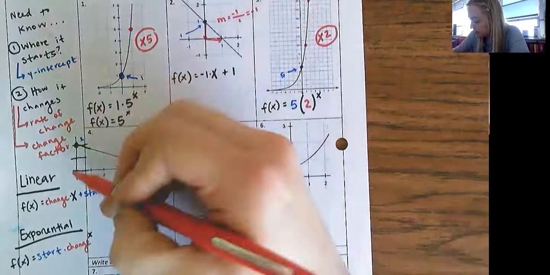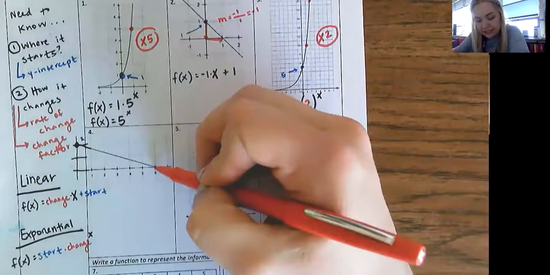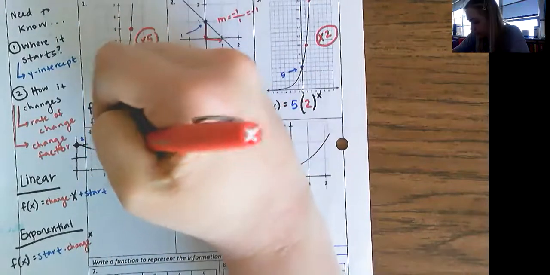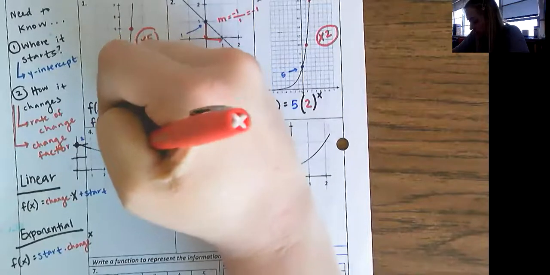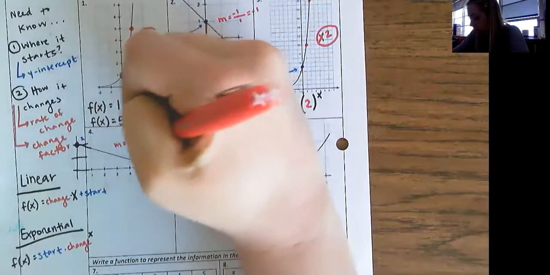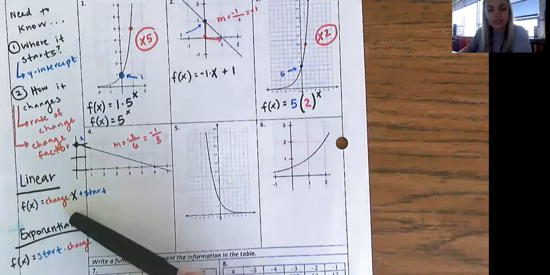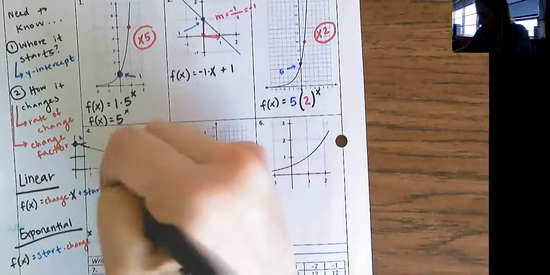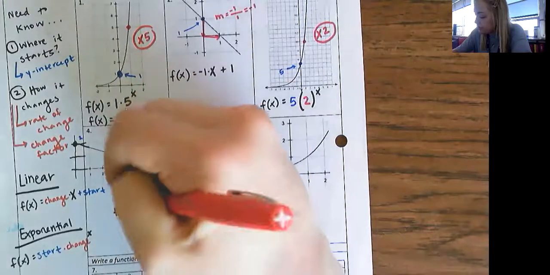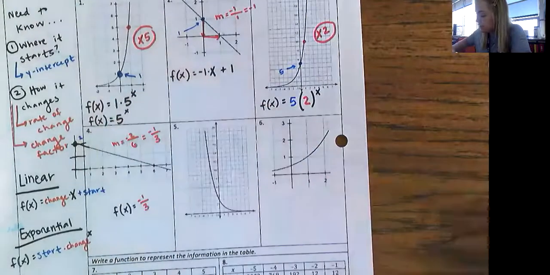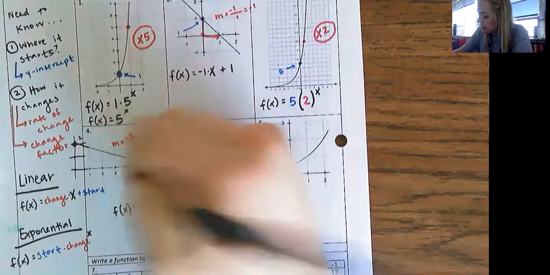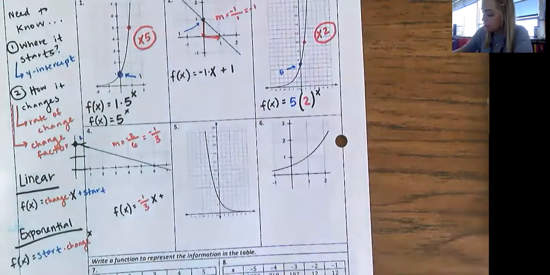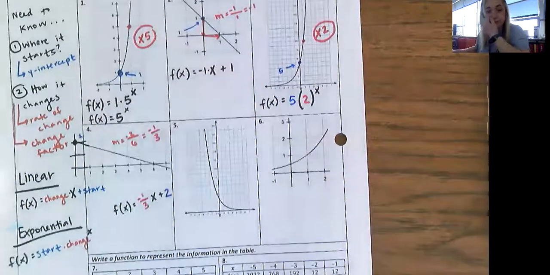Well, it goes down 2 to the right 6. So m equals -2 over 6, which is -1/3. So when I write my equation, change times x plus the start, I will say f of x equals my change, which is -1/3, times x plus the start, which was 2.